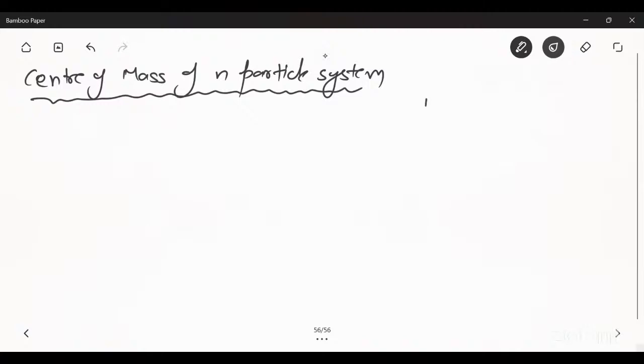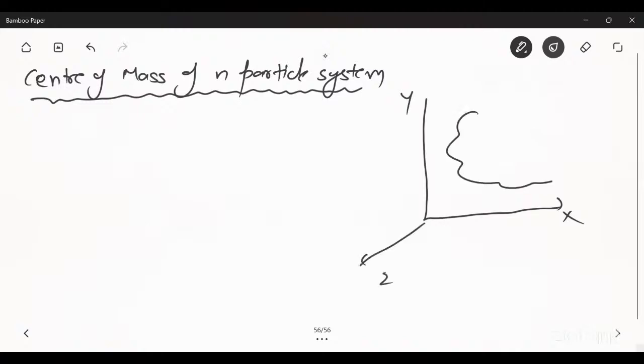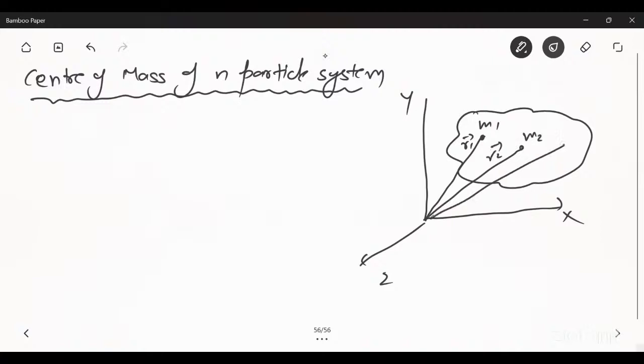Now I am considering a system which has n particles, on x, y, and z axes. So the position vectors are r1 vector, r2 vector, r3 vector. That was m1 at position r1 vector, m2 at position r2 vector, m3 at position r3 vector, and that one is your mn at position rn vector.